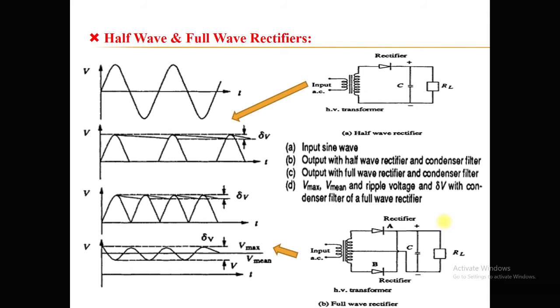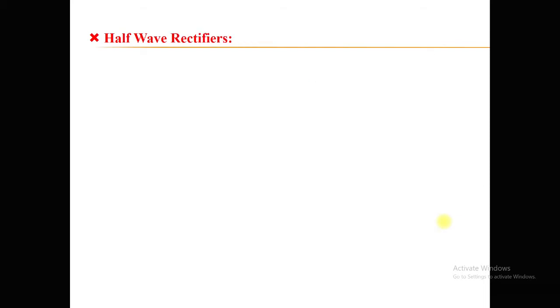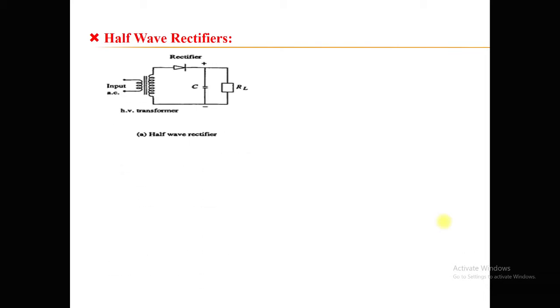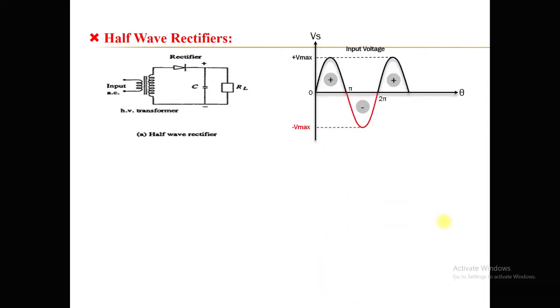So let us quickly understand how it generates the higher voltage. Let us consider the half wave rectifier. The input is AC, and here I have represented its waveform.